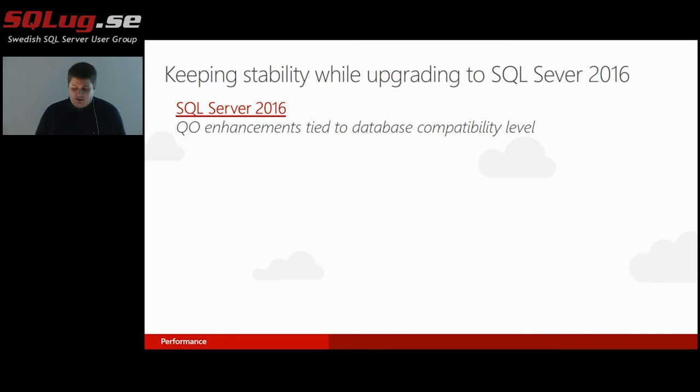And this is a real scenario where you can use query store from the beginning. The migration to SQL Server, the newest version, 2016, and there is always a problem when we should change the database compatibility level to the newest version. For example, we have SQL Server 2012 or 2014. We have a database created on that server, and we would like to move the database to the newest version.